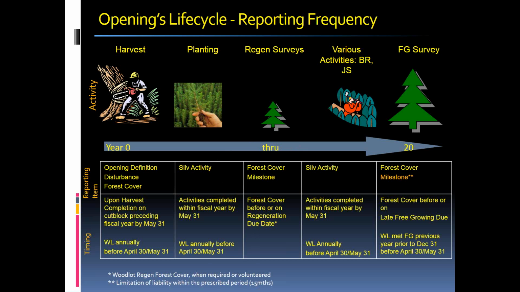Depending on what document we're dealing with, whether it's a silviculture prescription or a site plan, you might have to provide an amendment. So at any point in time throughout this life cycle, there's also the ability for you to make a change to the standards unit as required.